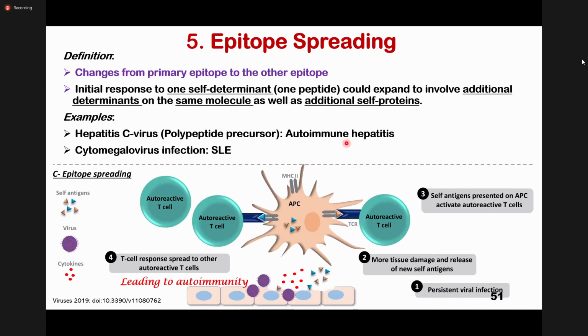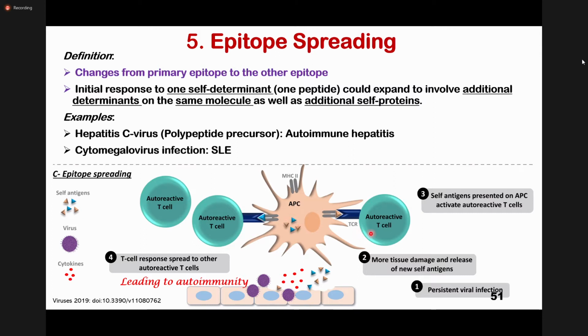Epitope spreading. When we talk about epitope spreading, the epitope is the site where the antigen binds with the antibody, right? So it changes from the primary epitope to another epitope. If you look here, there is a viral infection, and then more tissue damage and release of self antigens. These are the antigens here, blue, and here, orange or yellow.